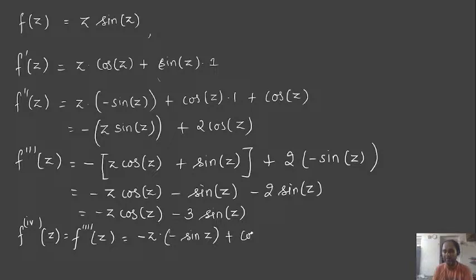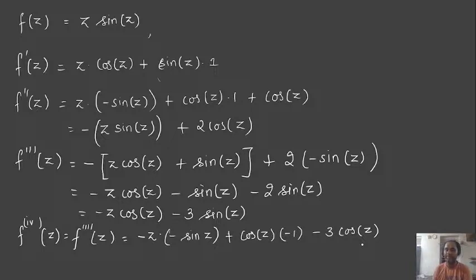Then the derivative of minus z is minus 1, times cos z, and minus 3 times the derivative of sin z, which is cos z.